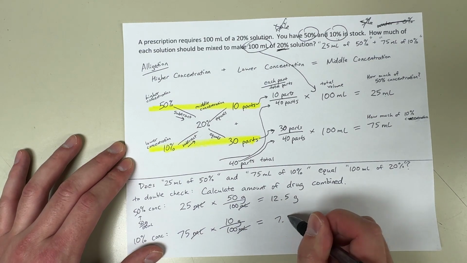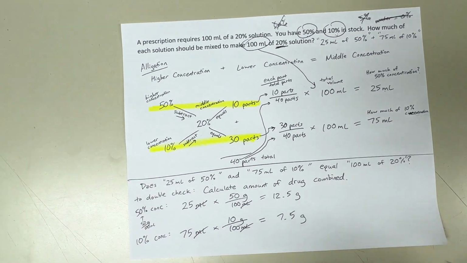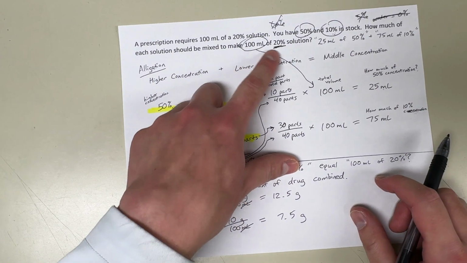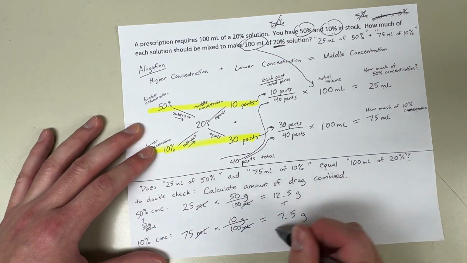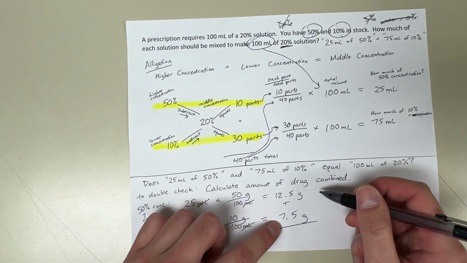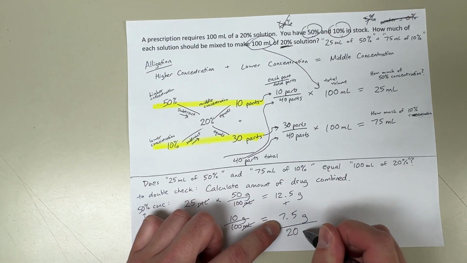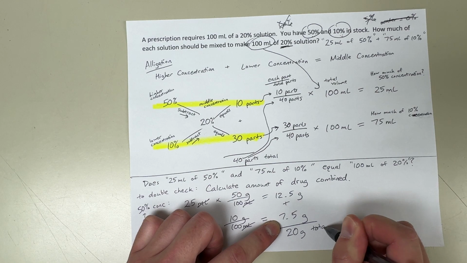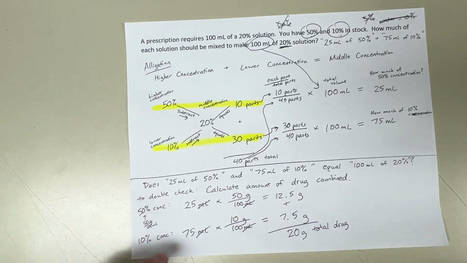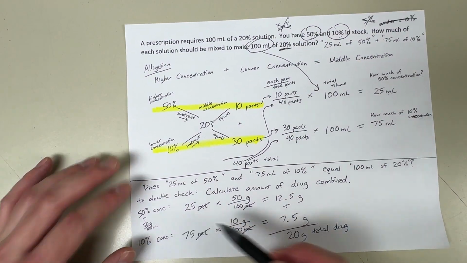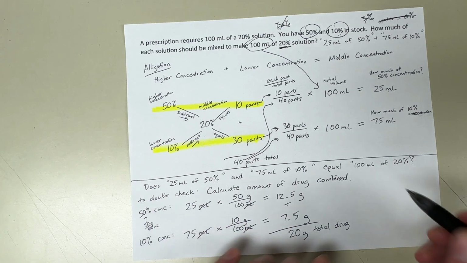That equals 7.5 grams. So total in my 100 milliliters of this that I just calculated, I have 12.5 plus 7.5, which is 20 grams. And this is in the total. If I put this in a total volume, it's in the 100 milliliters, because 25 plus 75.